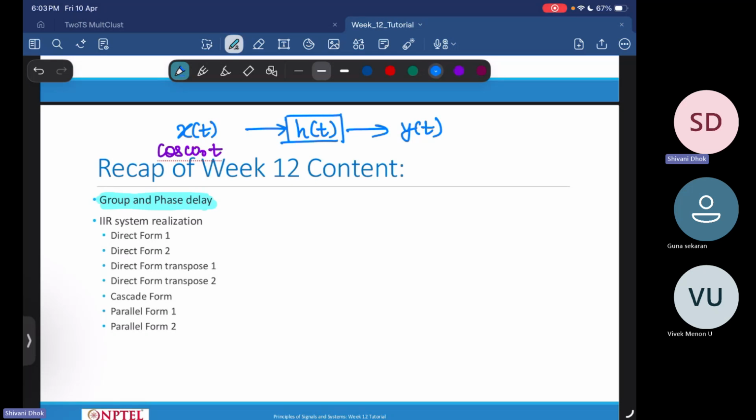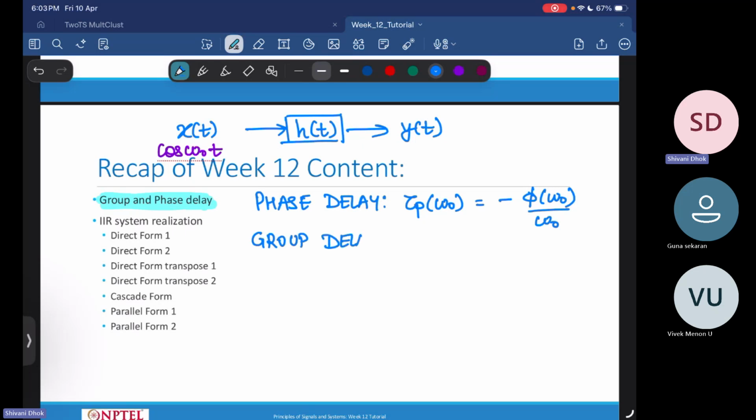The phase delay is defined as tau p of omega naught, which is minus phi of omega naught upon omega naught. And group delay is minus d by d omega of phi of omega evaluated at omega equal to omega naught.